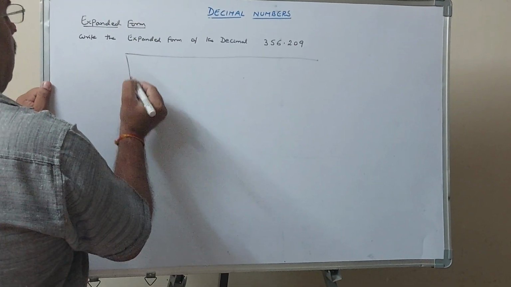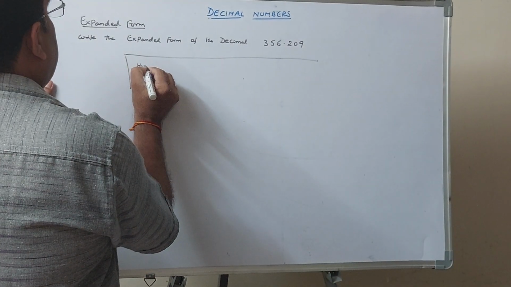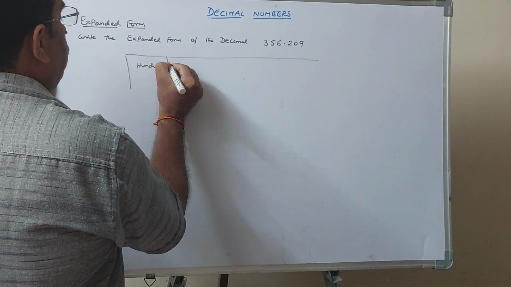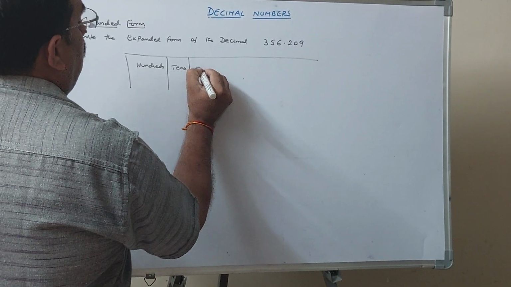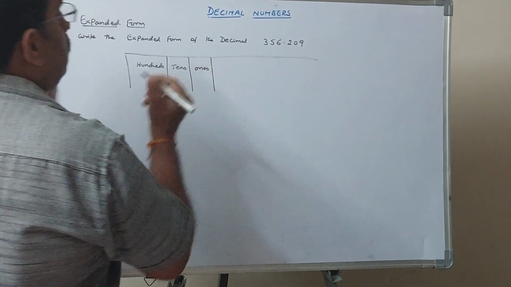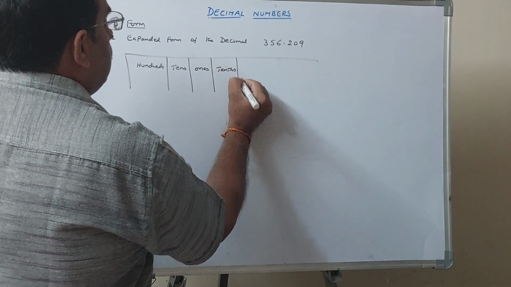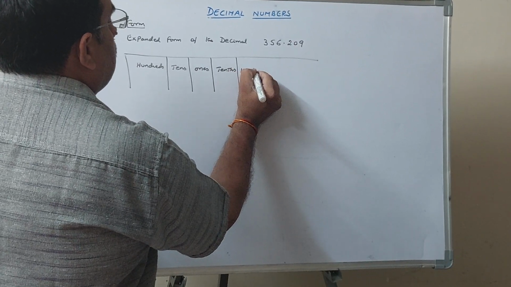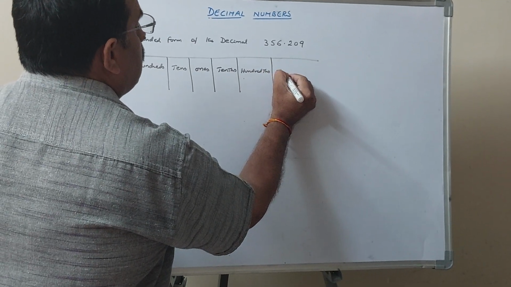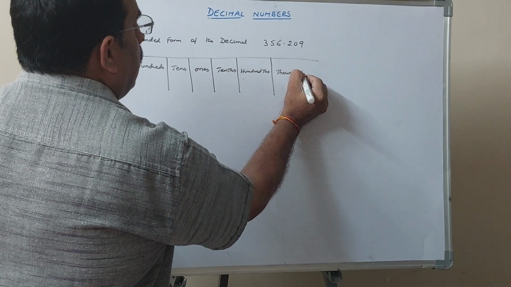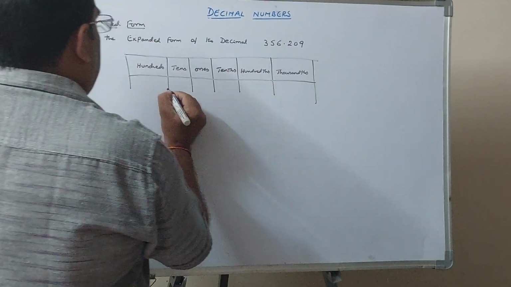Draw the place value chart. Hundreds, tens, ones, then tenths, hundredths, thousandths.